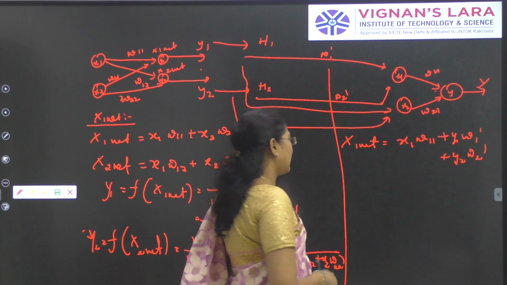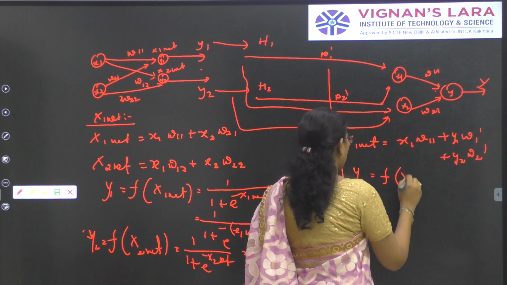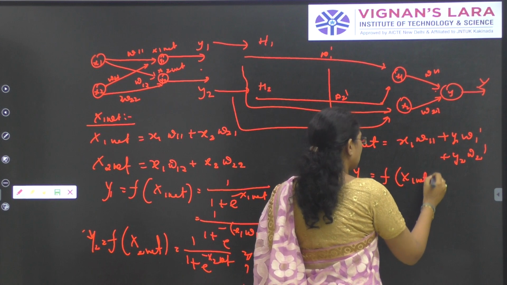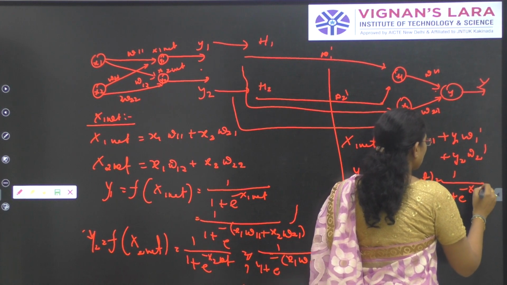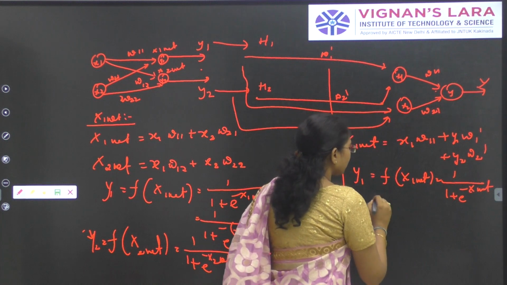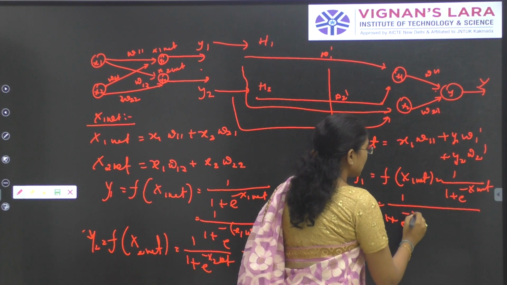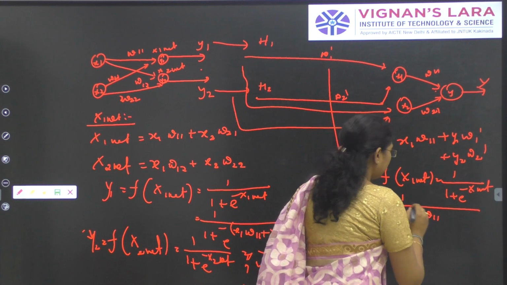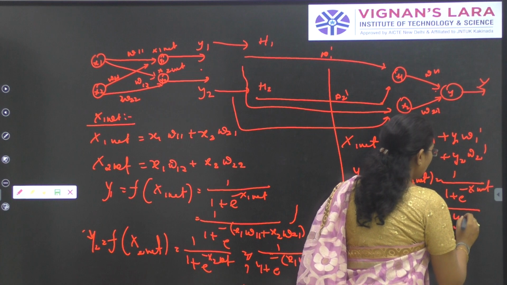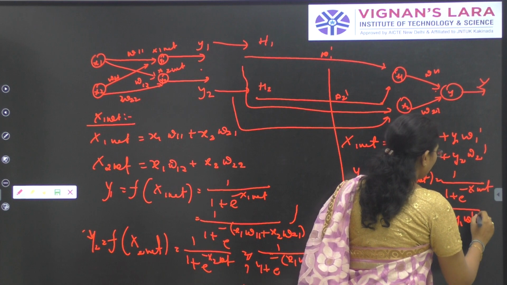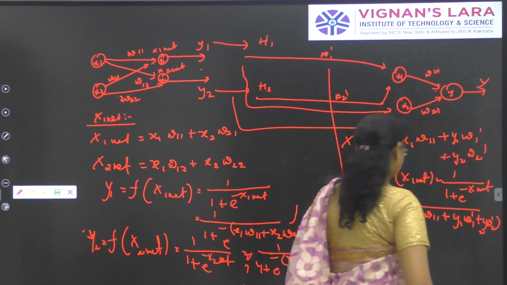This is your x1 net. You need to find y1, which is f of x1 net, which is equal to 1 by 1 plus e power minus x1 net, which is equal to 1 by 1 plus e power minus (x1 w11 plus y1 w1 dash plus y2 w2 dash).